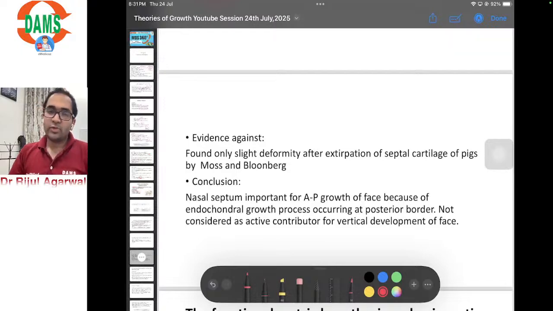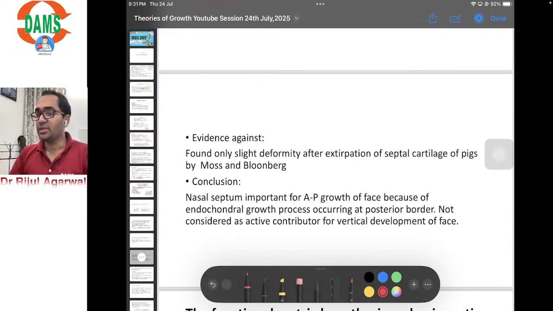As we moved ahead with this theory, certain evidence emerged against it. What was this evidence? A similar kind of extirpation was done on the pig snout, and it was observed that there was only slight deformity, and not a major deformity or major growth retardation of the midface.